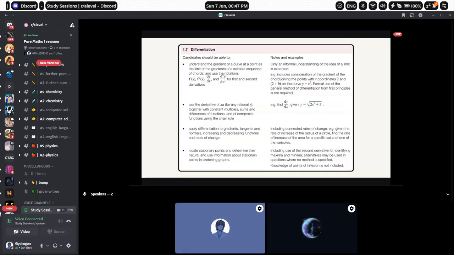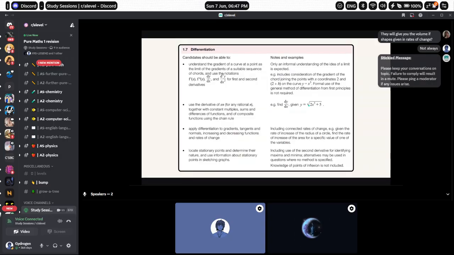Then you find dv by dr, which is 4 pi r square, and they would give you some rate of change in radius or in the volume. Not always, yeah. They'll give you some change.